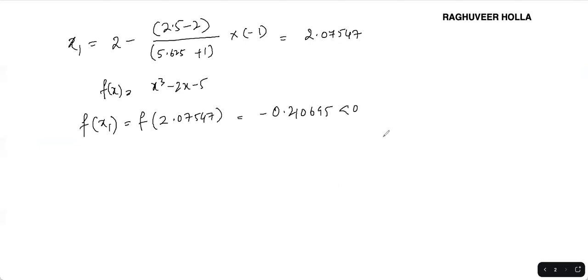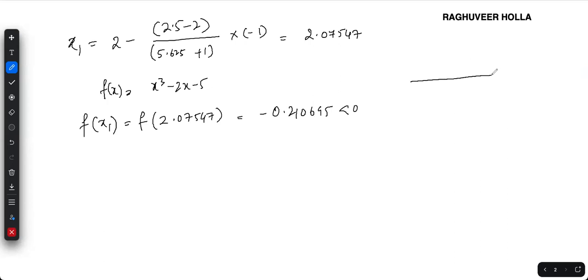As you see, it is getting closer and closer. This is 2.07547 and this is 2.5. This is A and this is B now, negative and positive. So these are the new roots here.